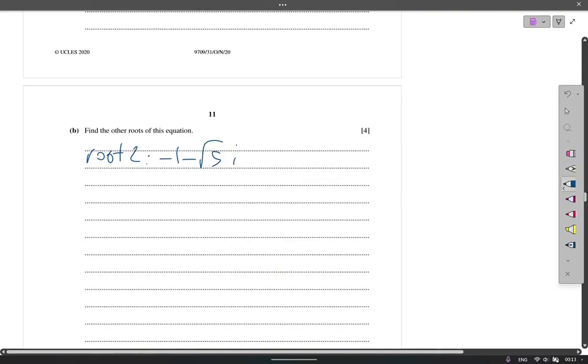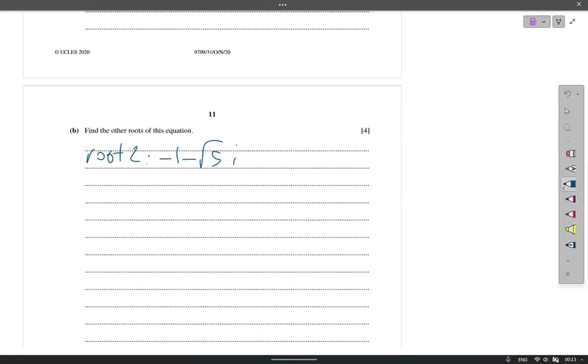So here we have two possible ways to solve this problem. The first one, we first have to write the equation a little bit differently. You can divide every part by a half.